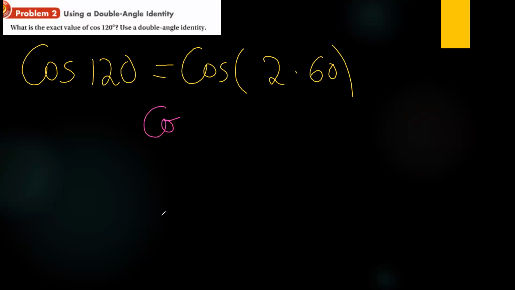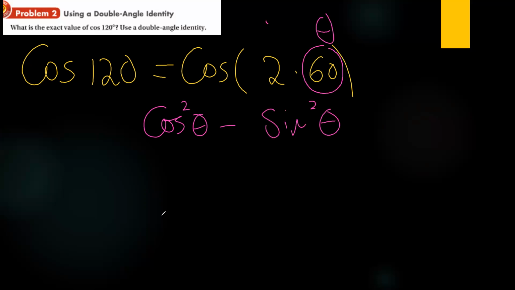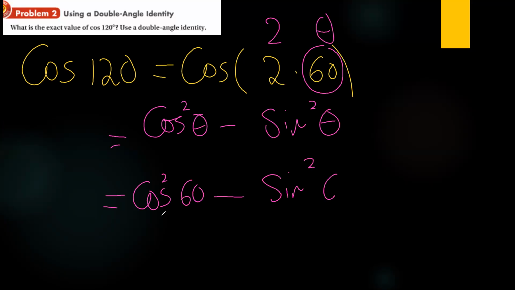Let's use cosine squared of theta minus sine squared of theta, where this is theta and this is 2 theta. So in order to find cosine of 120, I will say it's cosine squared of 60 minus sine squared of 60.